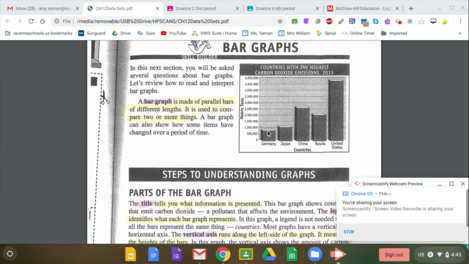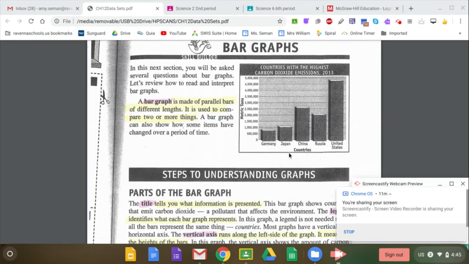Finally, bar graphs. In this section, you will be asked several questions about bar graphs. Let's review how to read and interpret bar graphs. A bar graph is made of parallel bars of different lengths. It is used to compare two or more things. A bar graph can also show how some items have changed over a period of time.